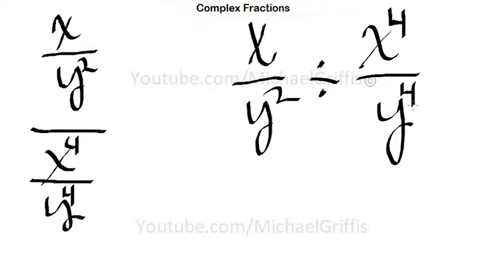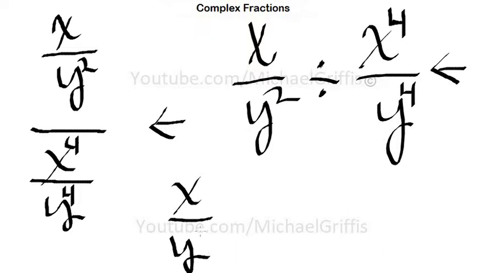But what we're about to do here is convert this one, much like we would do this one, to a multiplication problem. So I'll just write it down here: x over y squared times, we flip this fraction, y to the fourth over x to the fourth.